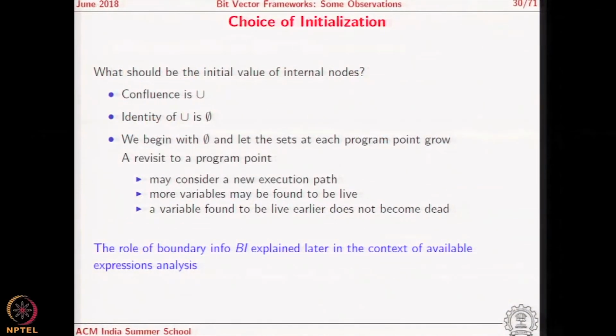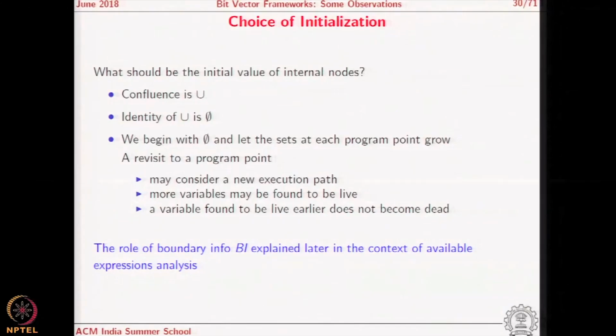So, we start with the empty set, and when we recompute the set, we are not going to get anything less than an empty set. So, sets can only grow, right. In liveness analysis, we begin with empty sets and sets only grow.